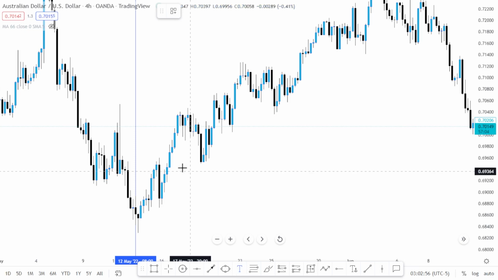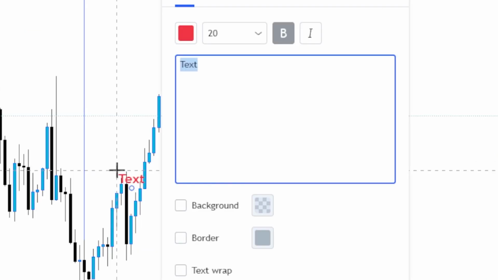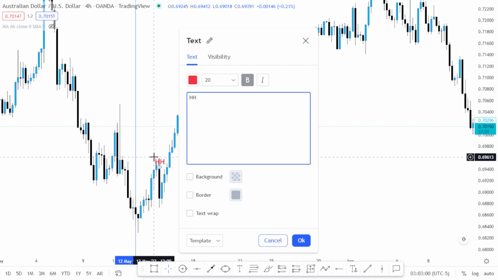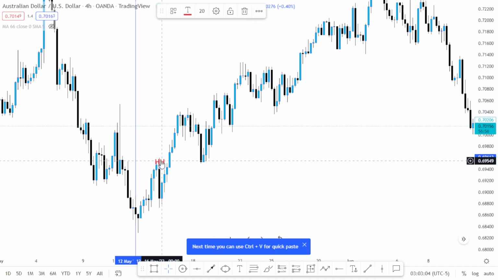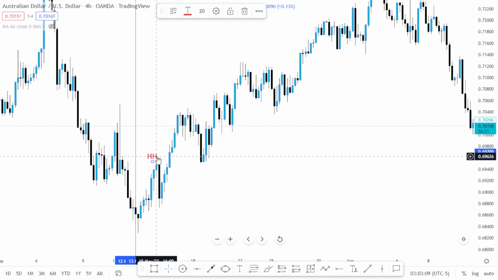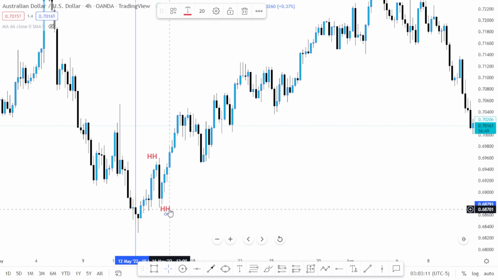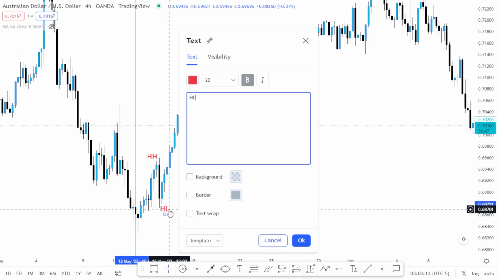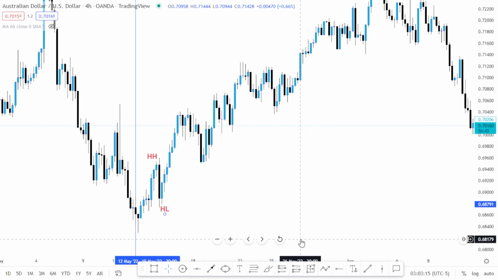So we have our first higher high right here, HH for higher high. Then we have our higher low at this point here. Market made a pullback and it created a higher low.